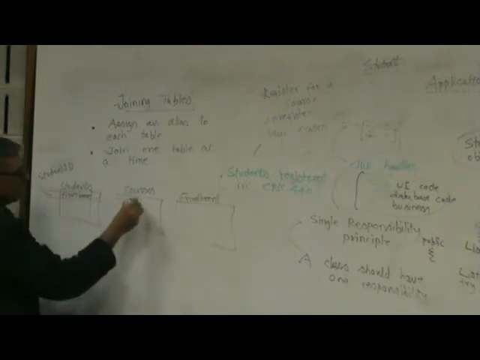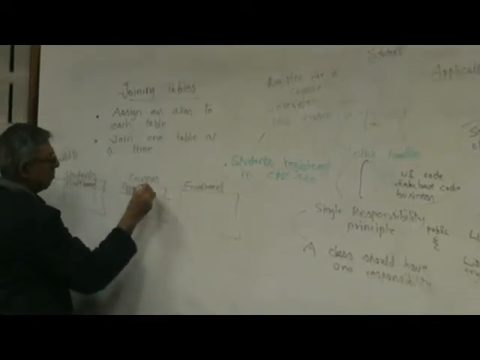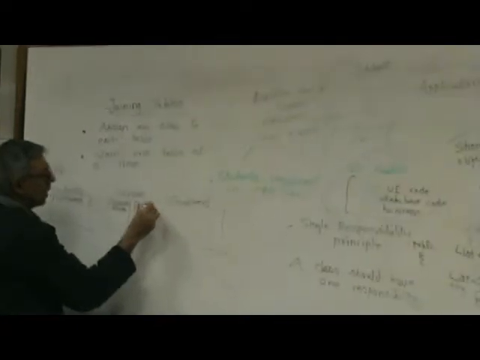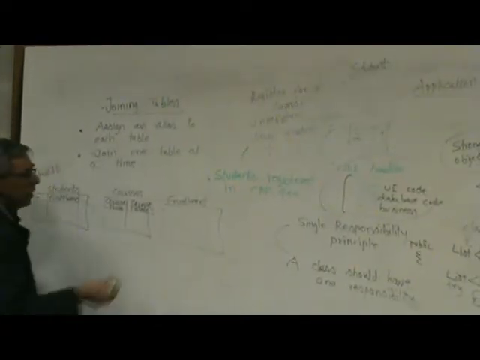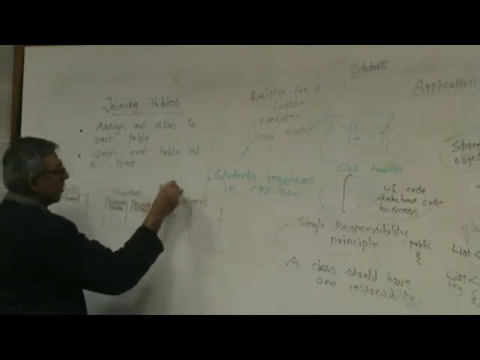Courses, let's pretend we have course num, and name, course name, and so on, and credit hours, and so on, right? Enrollment basically gives us a student ID and a course number.